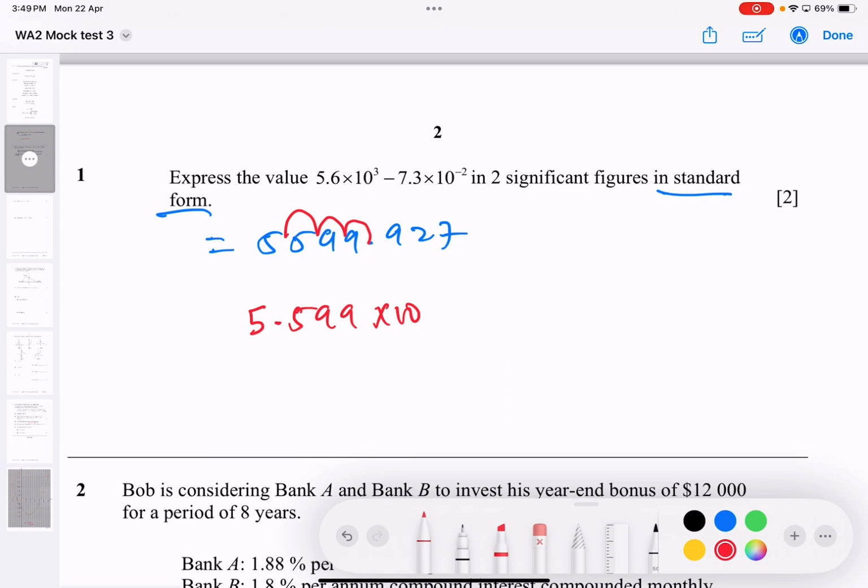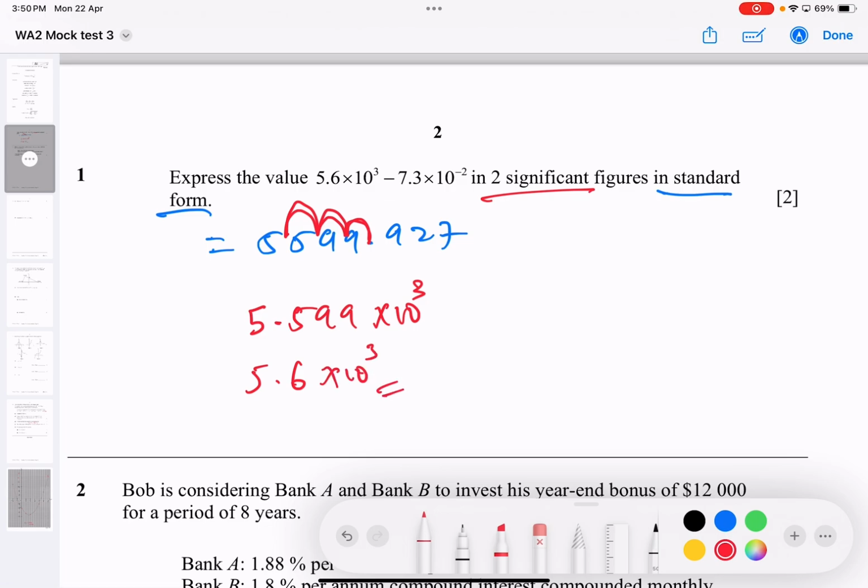Because you went back 3 times, this is 10 to the power of 3. But read the question very carefully. They say leave your answer to 2 significant figures. So your final answer will just be 5.6 times 10 to the power of 3.